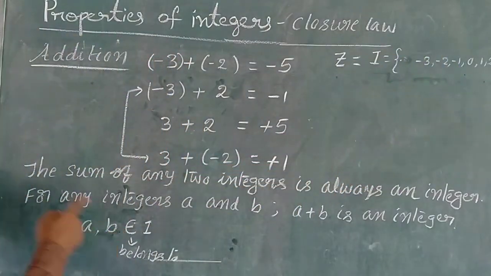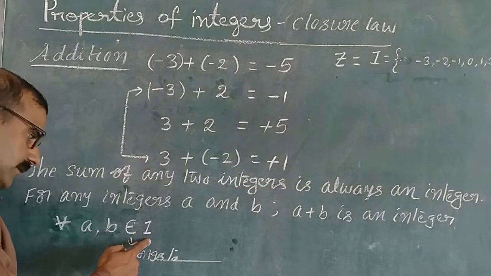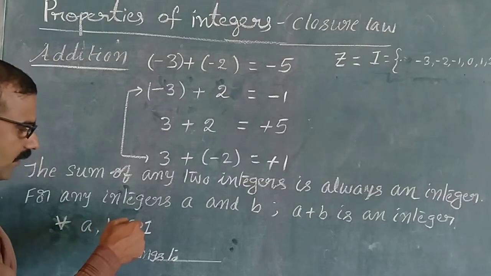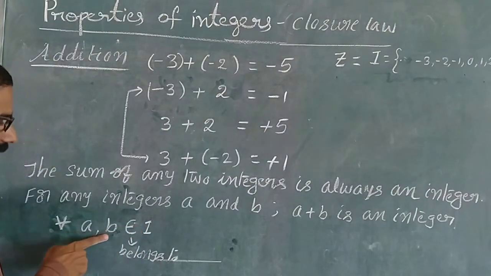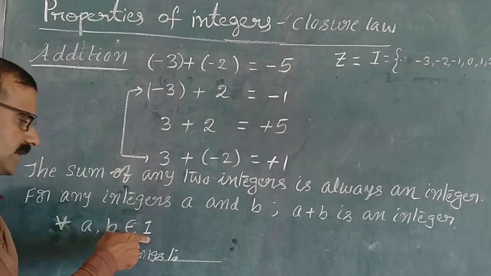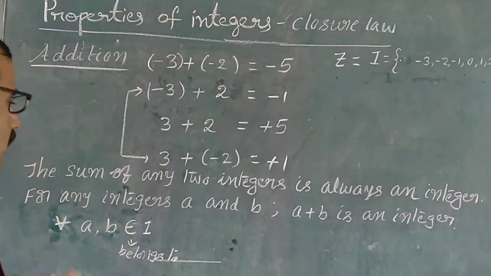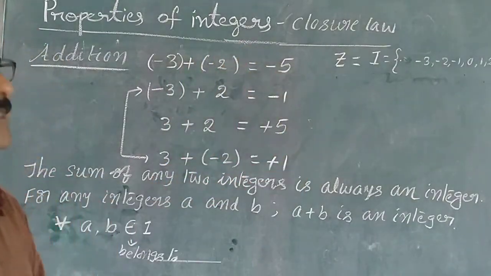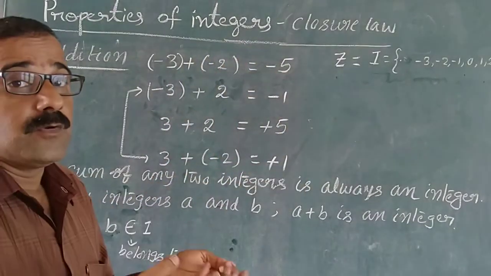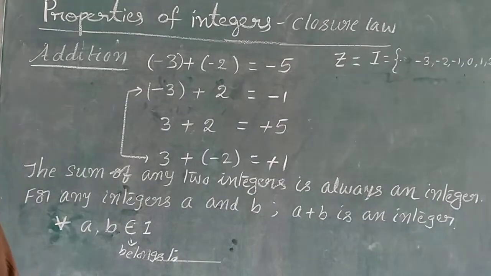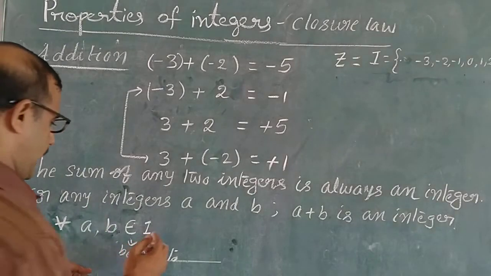Belongs to means a is an element of the set of integers I, and b is also an element in I. I means the set of integers here. So you select two numbers from the set of integers, that is, a, b belongs to I.